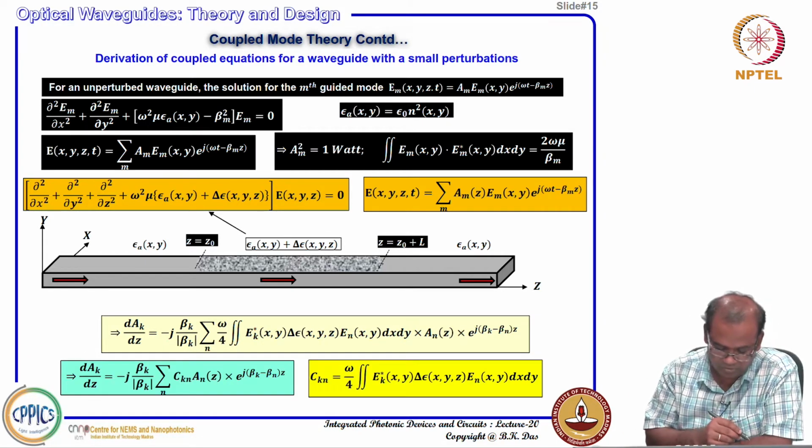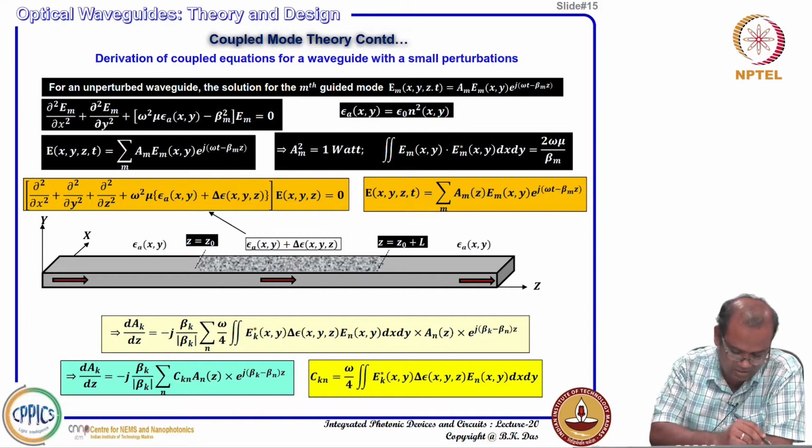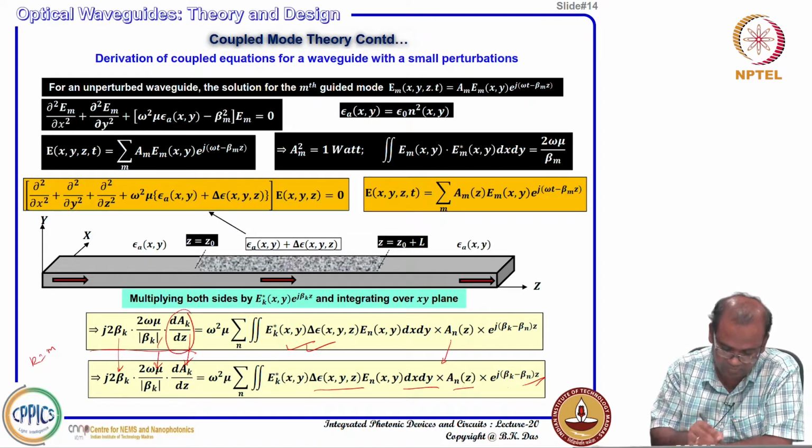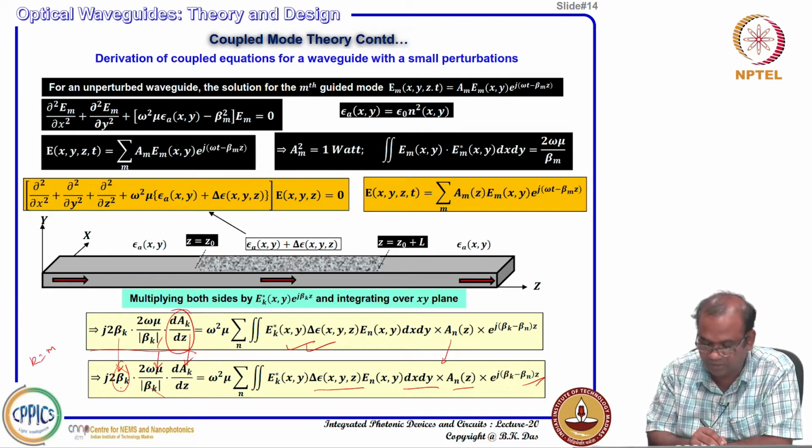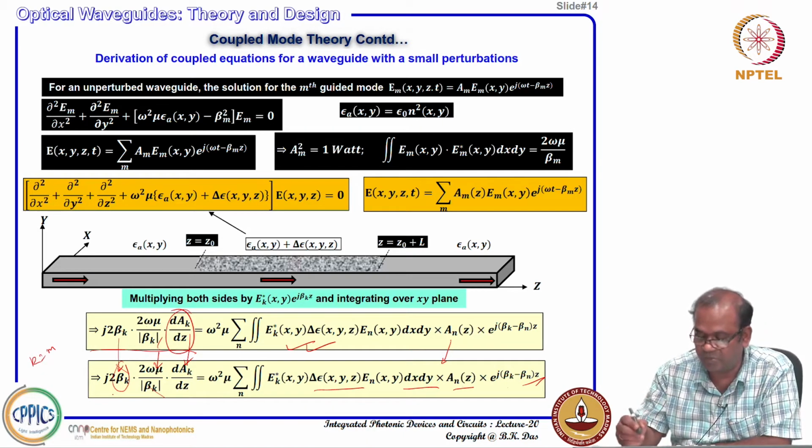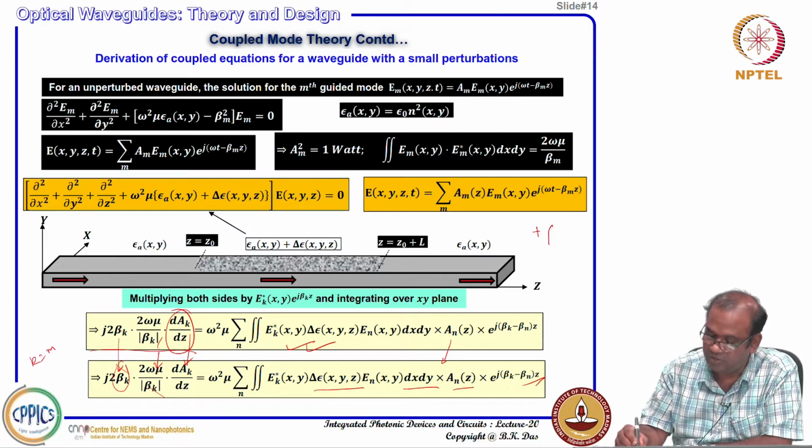Then in this expression, on the left hand side I keep only this term, and beta k I can take to the right hand side. So this is j to beta k. The numerator beta k is there because I cannot cancel it here, since beta k can be considered positive or negative depending on the direction of propagation.